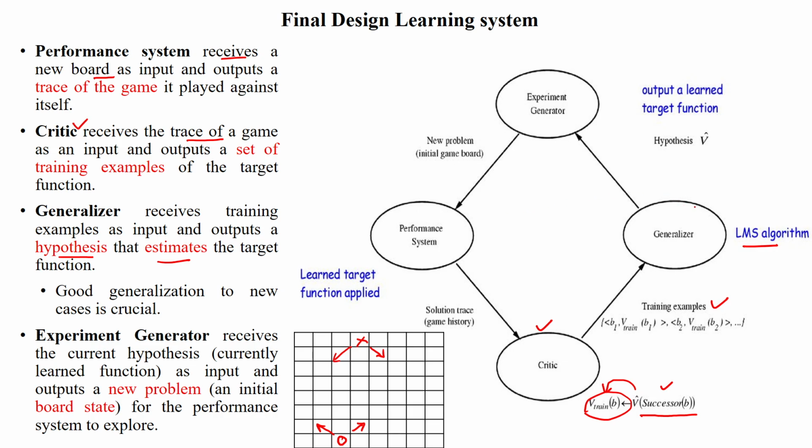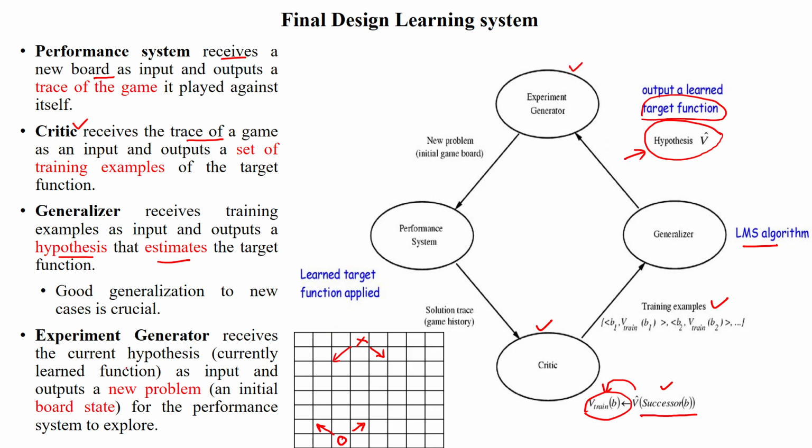So after reducing the error, we will get the hypothesis v cap, which is the approximate value which is close to the target function v. Then the target function hypothesis, we are sending into the experiment generator.